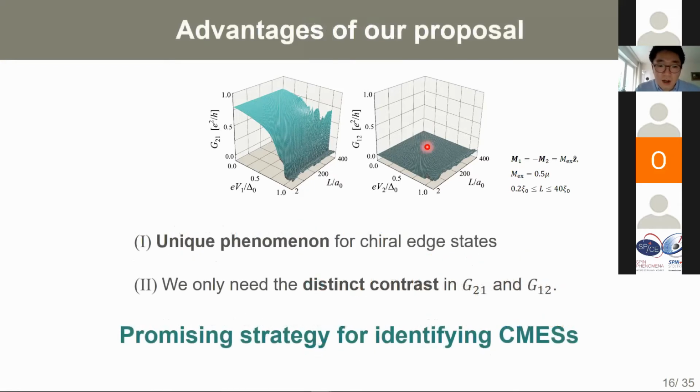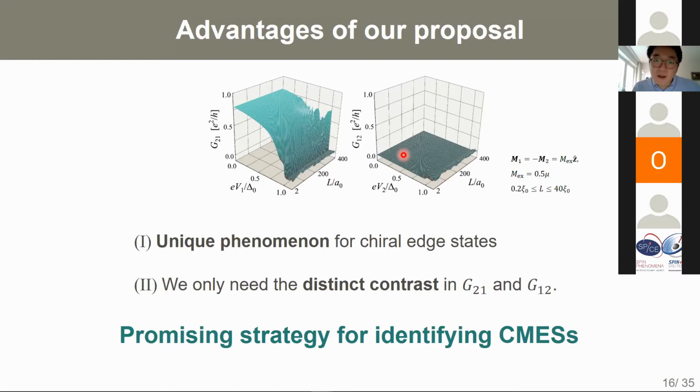Now I want to talk about the advantages of our proposal. First, as I said, this kind of drastic contrast must be unique to the presence of chiral edge states. Second, and more importantly, we can identify the chiral edge states only from qualitative information. I mean, we don't need any quantitative information like quantization and so on.